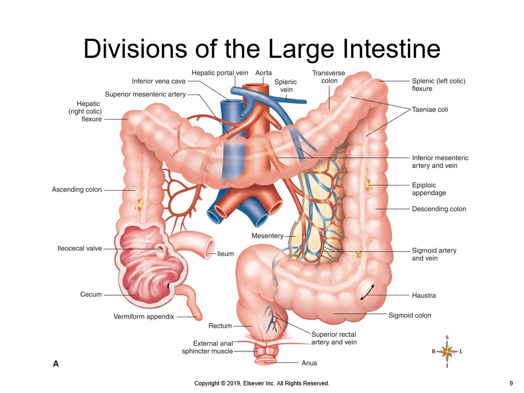So in terms of what we see here, it is very vascular. We have the superior mesenteric artery that does supply the cecum, also the ascending colon, and most of the transverse colon. We also have in this area the inferior mesenteric artery, and it supplies the descending colon, the sigmoid colon, and also the rectum.